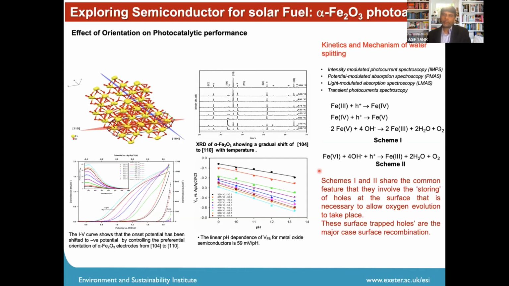So for that reason, some of these materials require external bias, so we can pull out the generated electrons so that they can transport to the counter electrode for hydrogen generation.